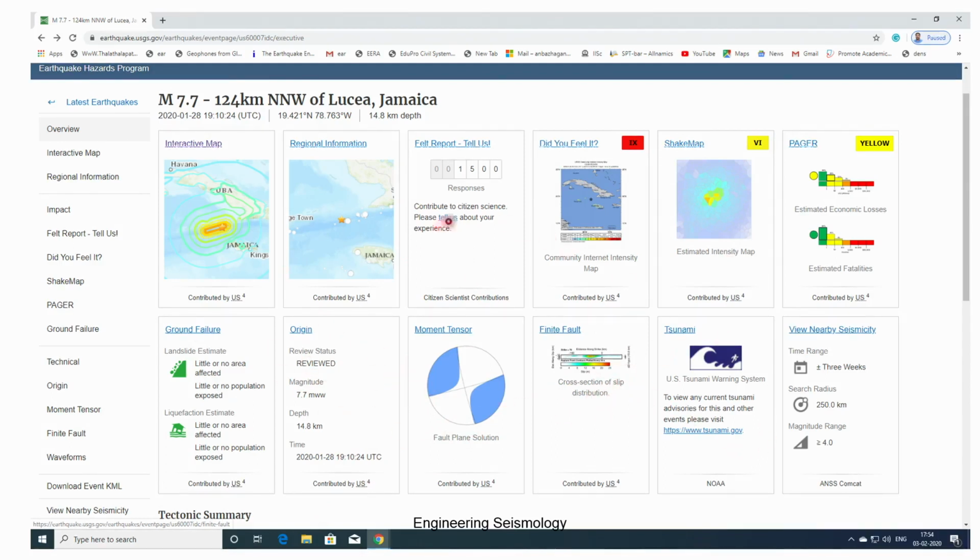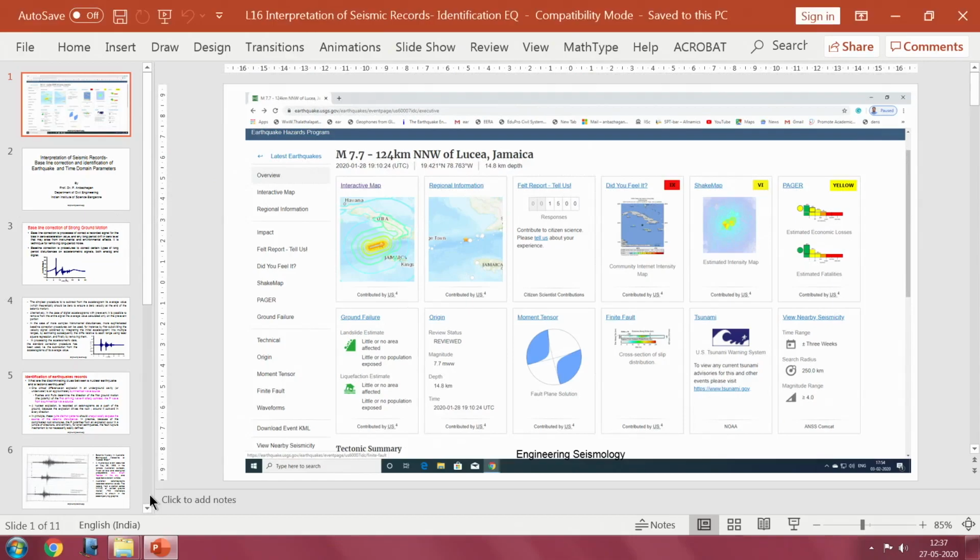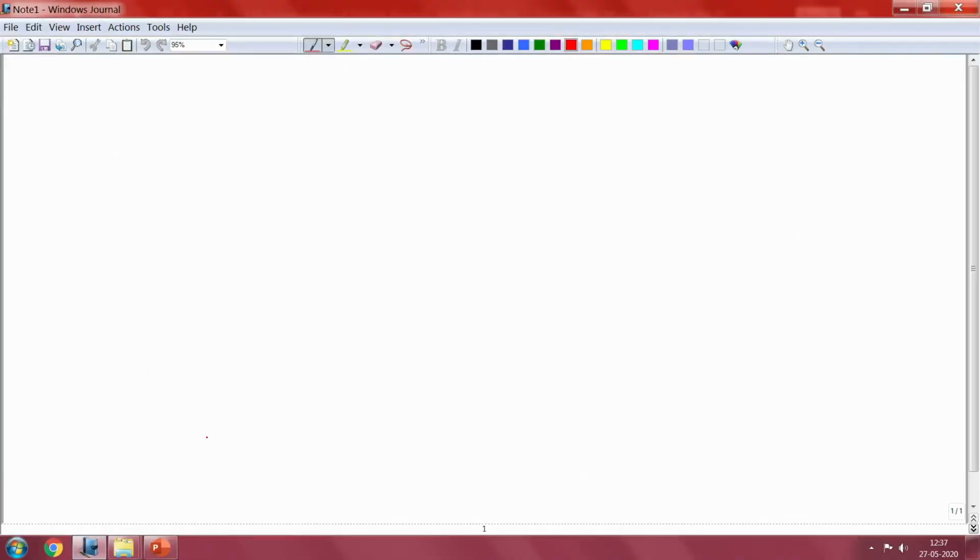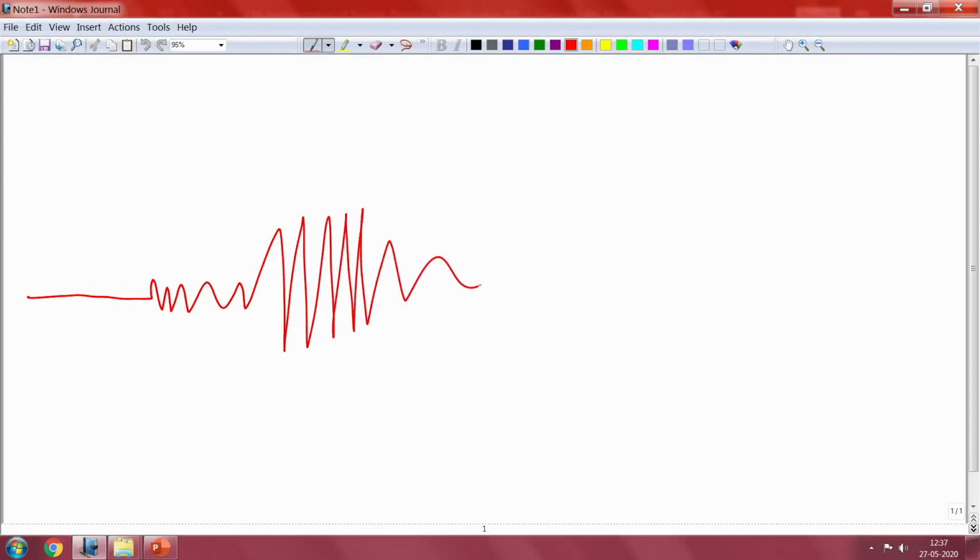So how are these data obtained, and what information do they use from the typical earthquake to get all this? As we have seen, an earthquake gives you a waveform.